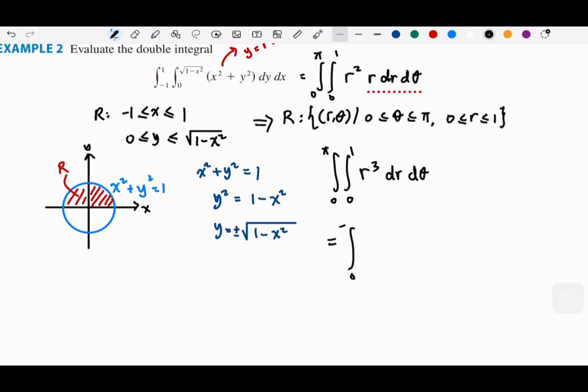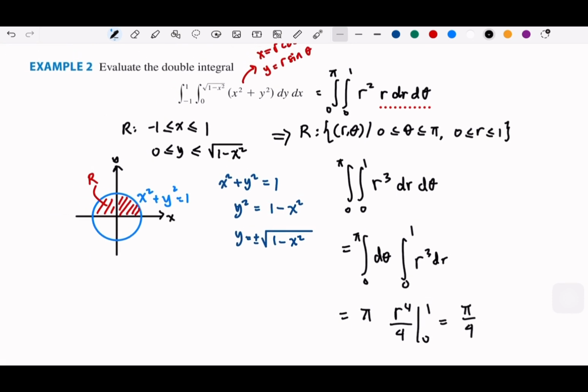So the theta integral becomes pi when you plug in, and the r integral gives pi over 4.